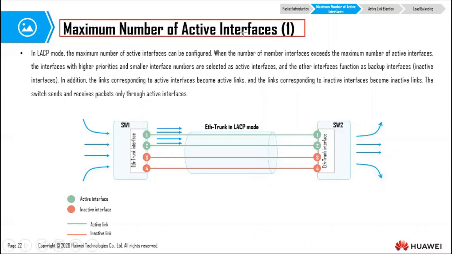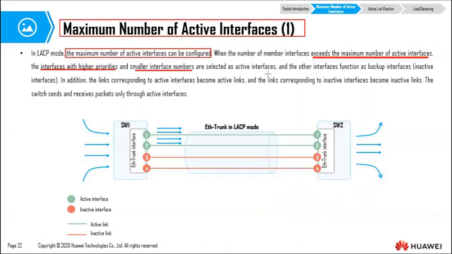Okay, so maximum number of active interfaces. It means just that this value is configurable. So when the number of member interfaces exceeds the maximum number of active interfaces, interfaces with higher priorities, that is smaller interface numbers, are selected as active interfaces.